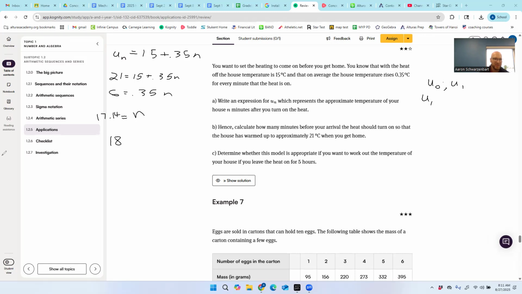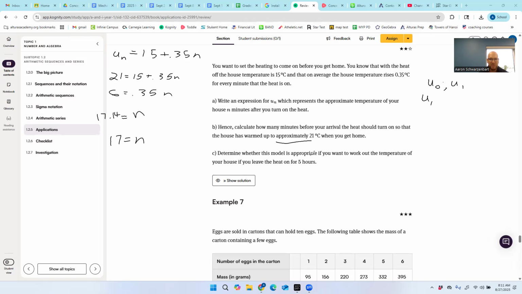I was going to say I'd have to round up to 18, but approximately 21 will be there in 17. That's going to be very close. Approximately means it's really close to 21, and I can just round correctly. If it said at least 21 degrees, I would have to round that up to 18 minutes.